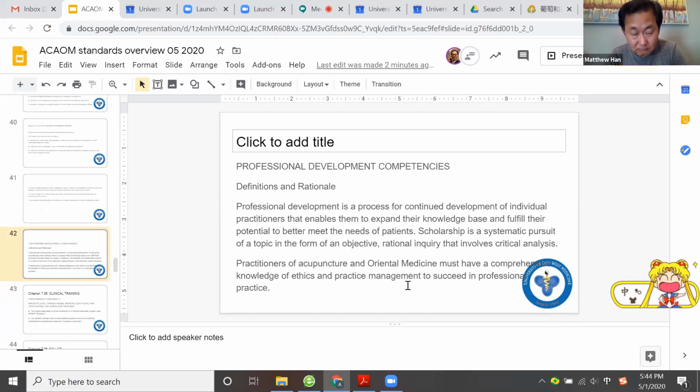So we do encourage students to attend some research part to know how to do research in this master program study, or when they graduate. It's a very important way. You can always develop your professional background.